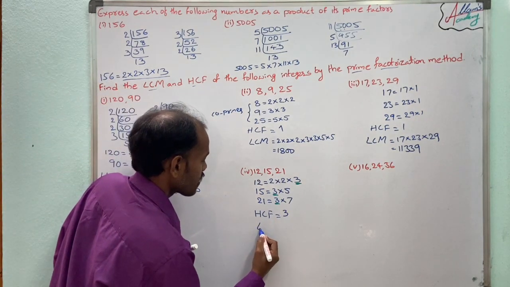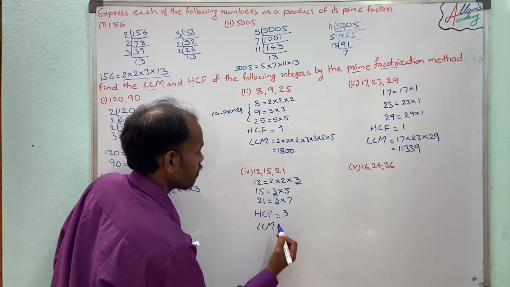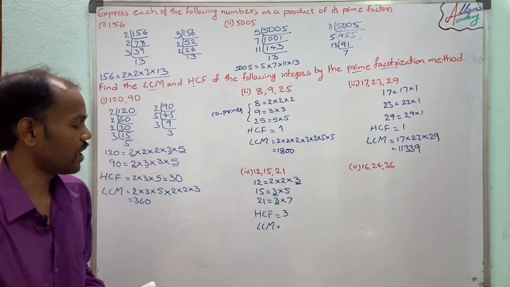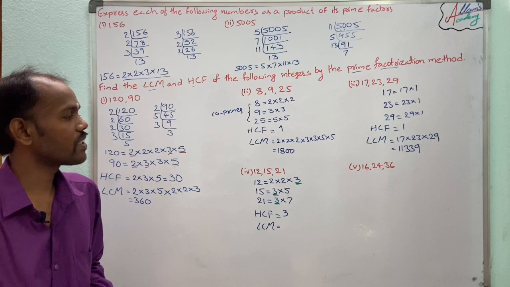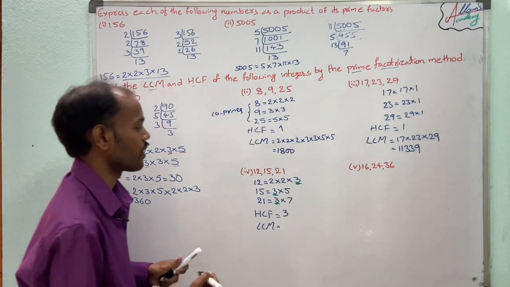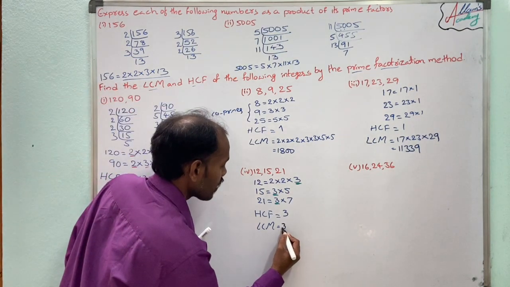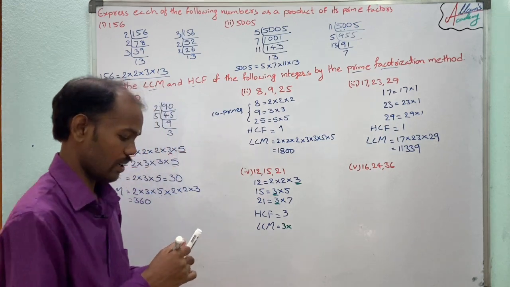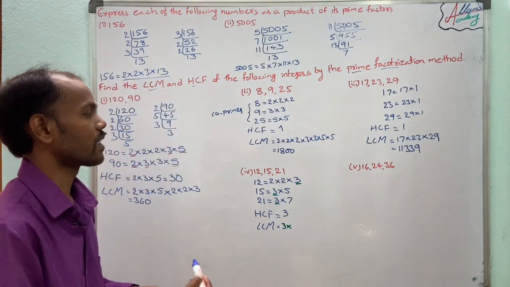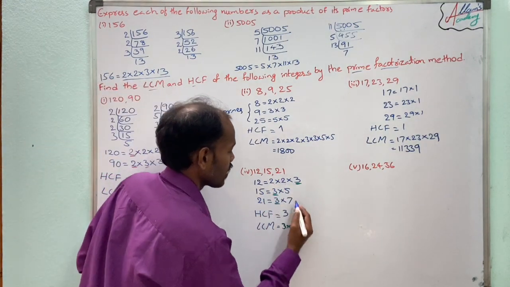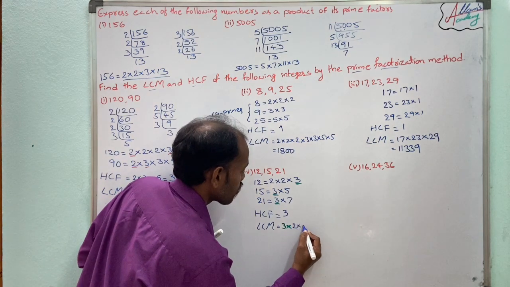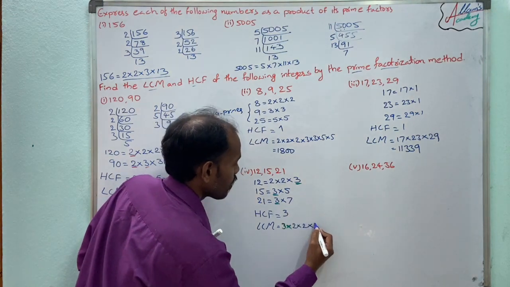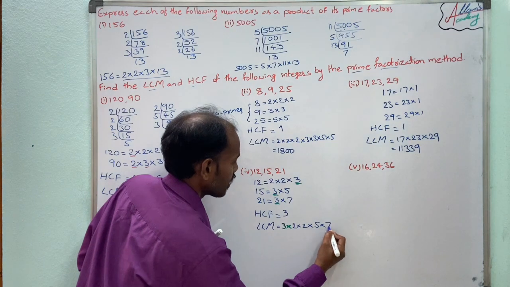Now LCM of the given numbers: the common pair we write, and the remaining pairs we take. Here the remaining ones are 2 into 2 in the first number, 5 in the second number and 7 in the third number.